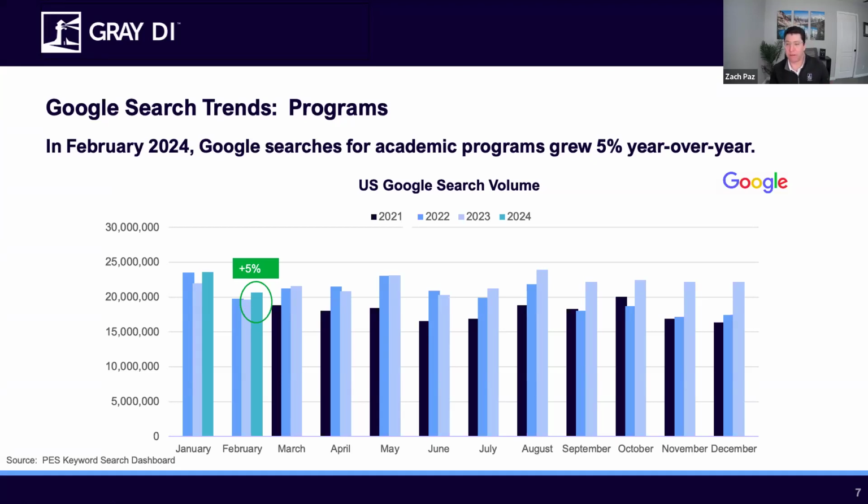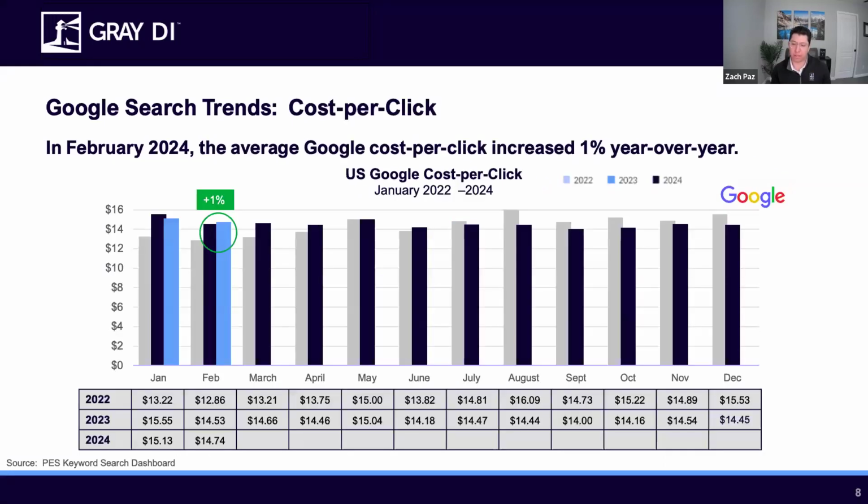There are some other data that you can get from this type of source. One of them that's helpful is to understand how much it costs to actually promote or bid on those keywords. And so we track cost per click metrics for every single one of our keywords.